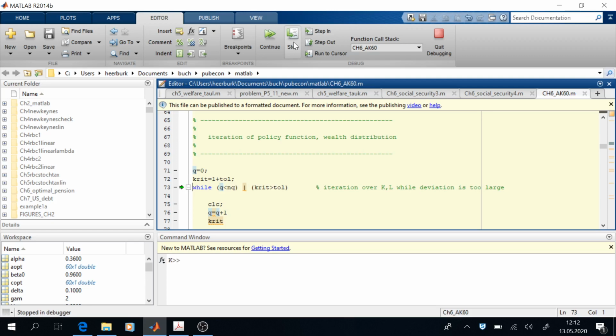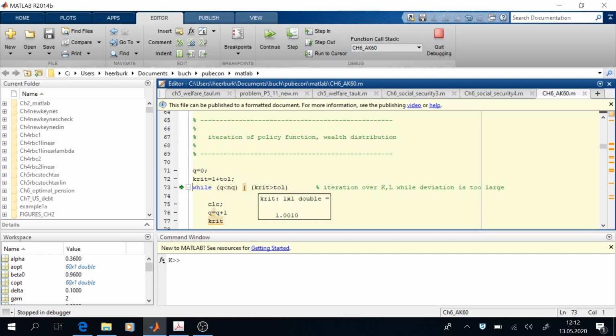And the number of outer iterations is a maximum of 30. So we do a maximum of 30 iterations over the aggregate capital stock, and we do it as long as our criterion, our percentage deviation here, is larger than 0.001.